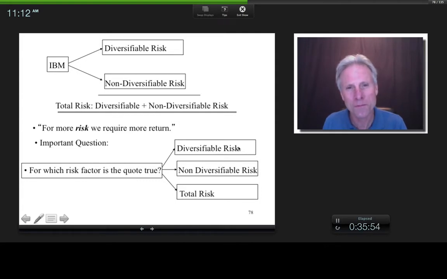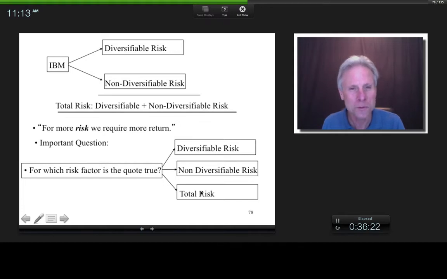And so basically, if diversifiable risk can be gotten rid of for free, is anybody going to get away with charging for that risk? They're not, right? And therefore, should it be part of this pricing sentence? For more risk, that, by the way, I can get rid of for free, I require more return. Should it be part of it? It shouldn't, right? And so if diversifiable risk is not part of this pricing sentence, is total risk part of that pricing sentence?